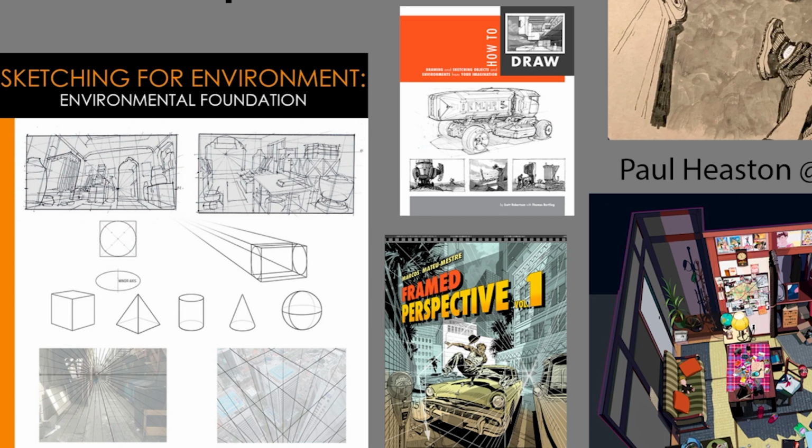So having a grasp on that will go a long way if you're building something that is mostly symmetrical here. But Scott Robertson also talks a lot about construction in perspective for environments. So it's interesting, but for environment specifically, if you have to go with just one book, I would go with Frame Perspective 1. It's very practical.